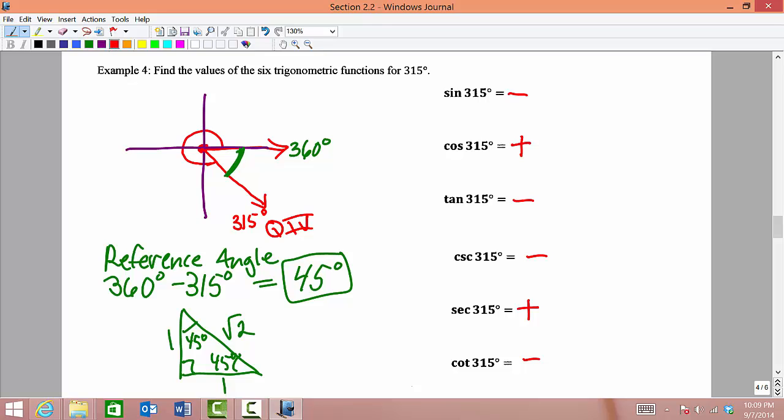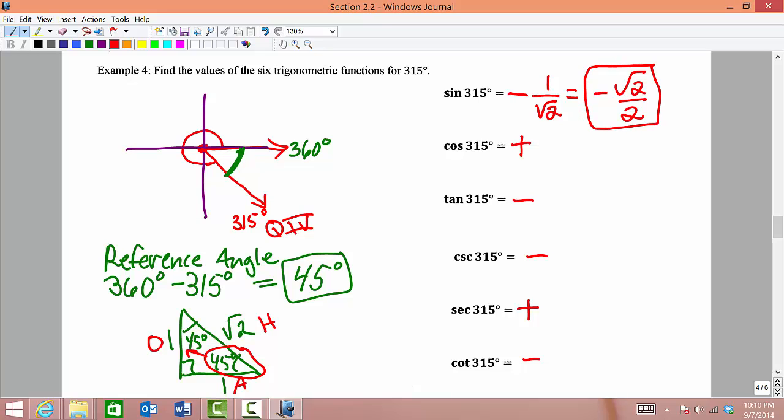And we're working from the perspective of our reference angle 45 degrees. And we know that this would be the opposite side. This is my hypotenuse, and this would be the adjacent side. So sine would be opposite over hypotenuse. So that would be 1 divided by the square root of 2, which when we rationalize, we get square root of 2 divided by 2.